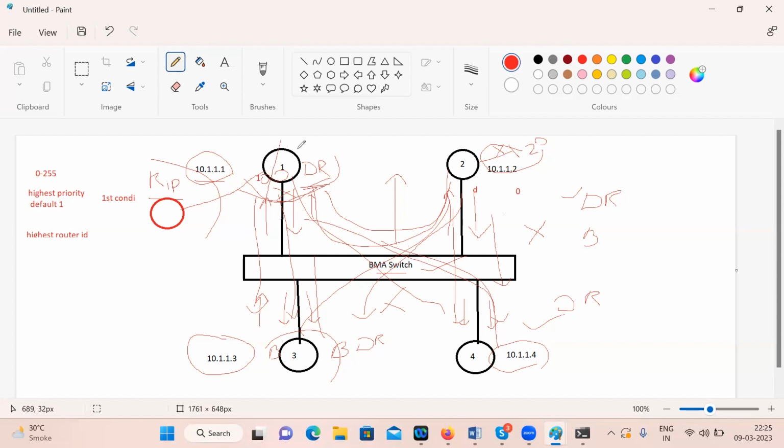Yes, this router will also become an ASBR. Why? Because it is dealing with a non-OSPF routing protocol. So it will play the role of both ASBR and DR at the same time? Yes, of course. It will play the role of DR as well as ASBR.